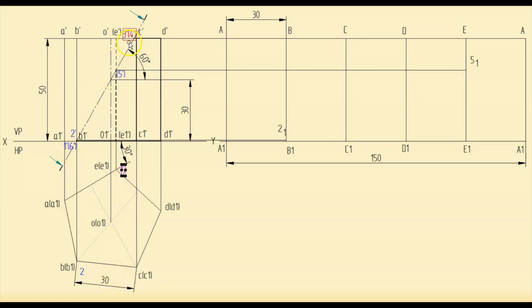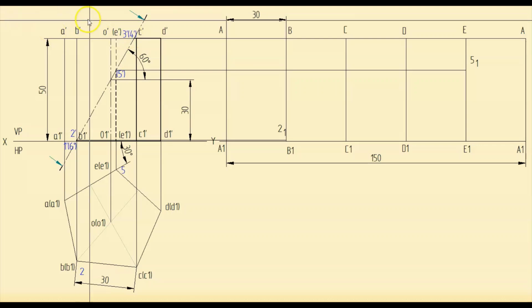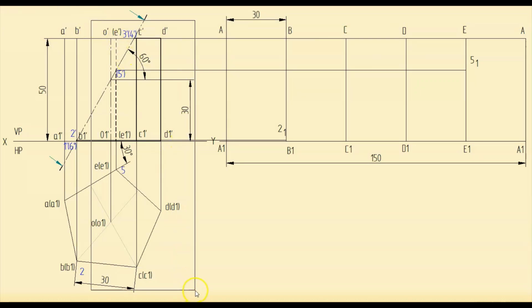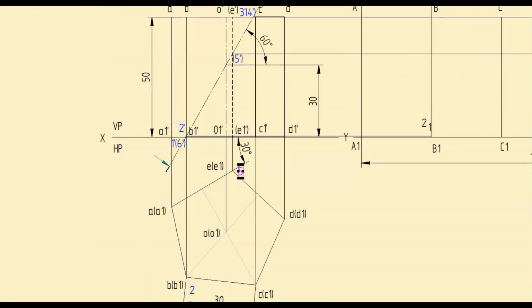Now if we take points 3 and 4, take a closer look at this. 3 and 4 are on the top face, so if we try to project these points in the top view, this section plane would cut the top face at 2 points: one over here on the line joining D and E, and another between the line joining B and C. So essentially we have our point number 3 over here and point number 4 over here.